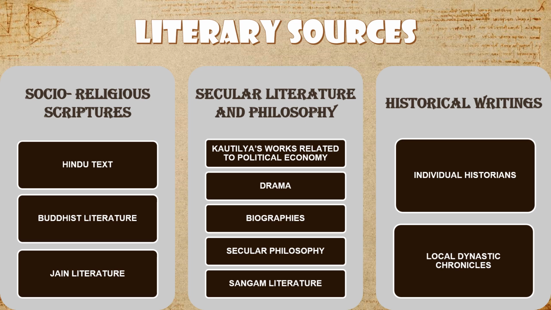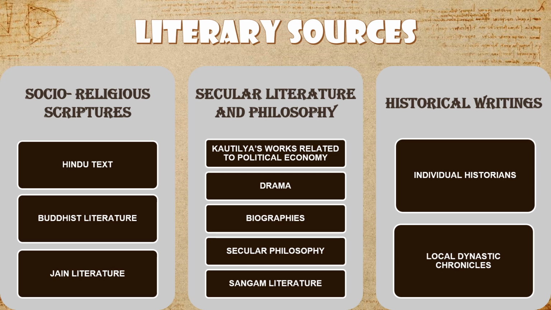I will not go into detail. I'm just giving you a slight idea about the literary sources. These Hindu texts are categorized under socio-religious scriptures of literary sources. I will be talking about them in detail in my coming lectures.